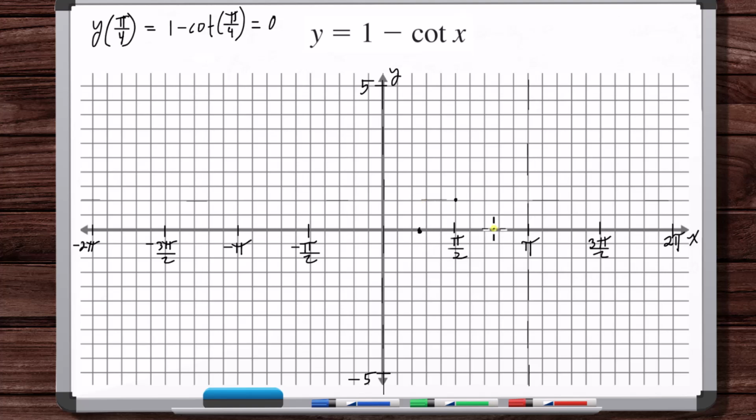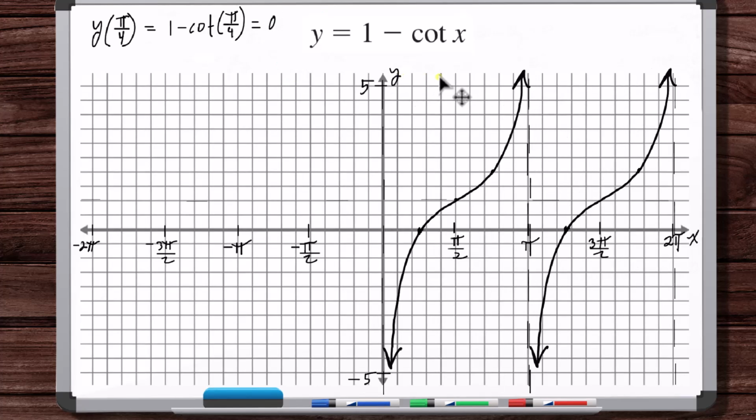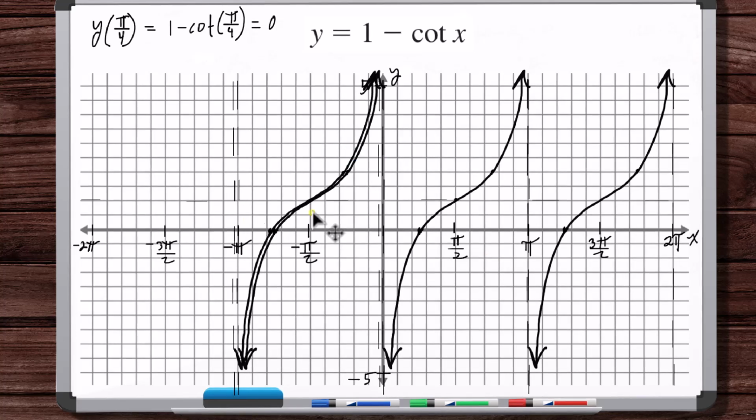So we went 1 down, and now we're going to go 1 up at the 3/4 point. Okay, and there we go. And there's the graph.